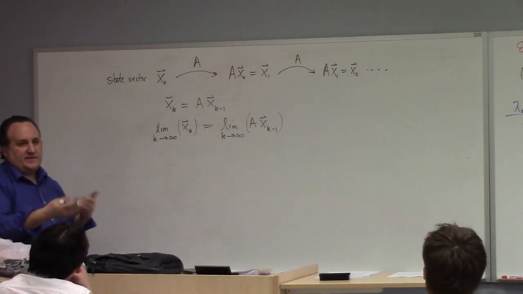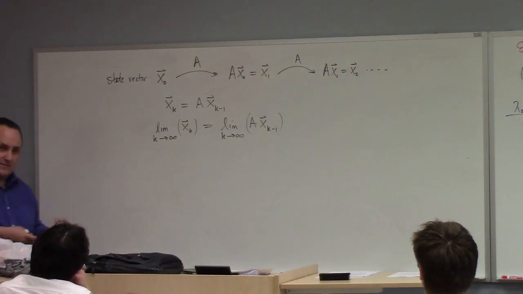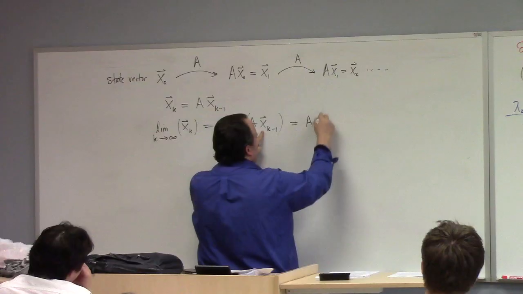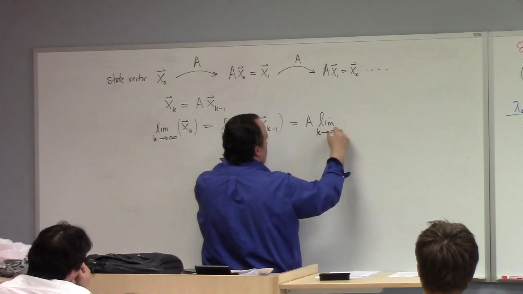Does the limit satisfy linearity rules? It does, right? So what that means is you can pull a limit outside of a matrix multiplication, provided that the limit of the vector exists. So this would be A times the limit, because this matrix is constant.